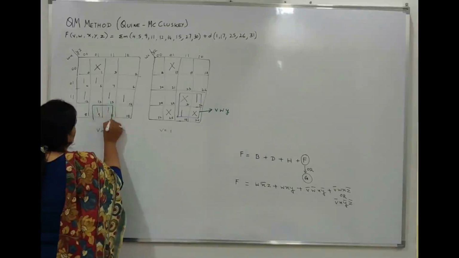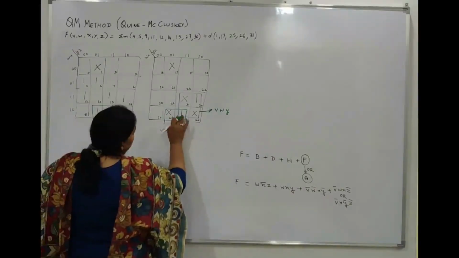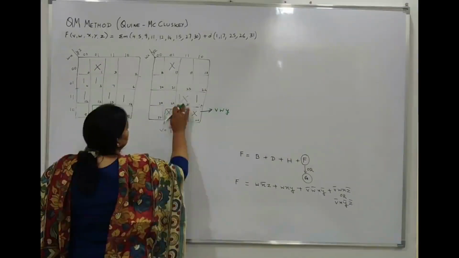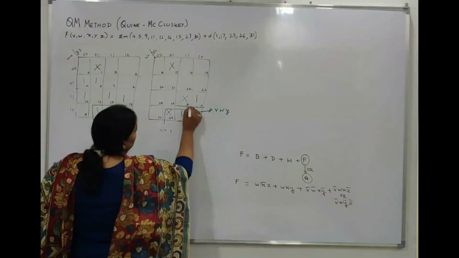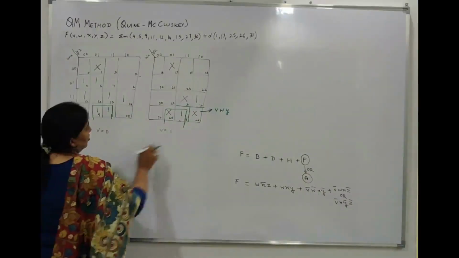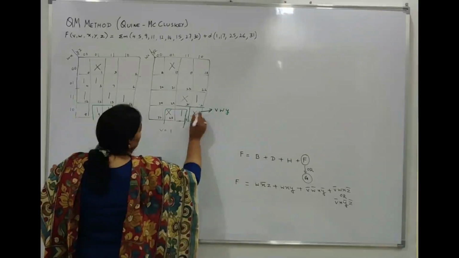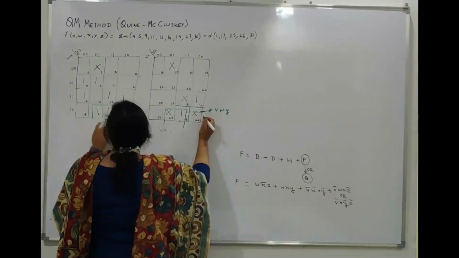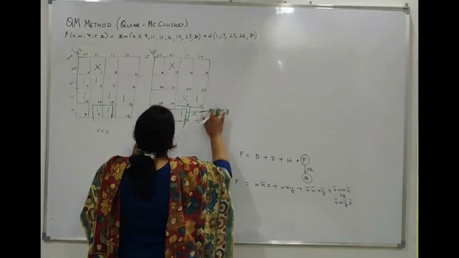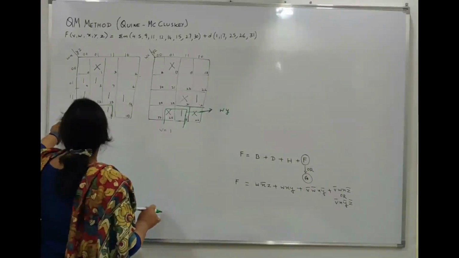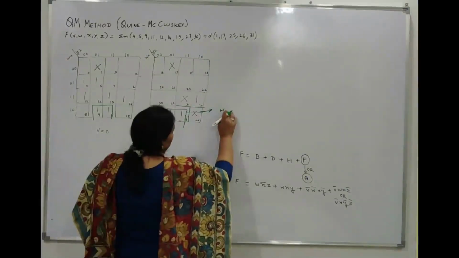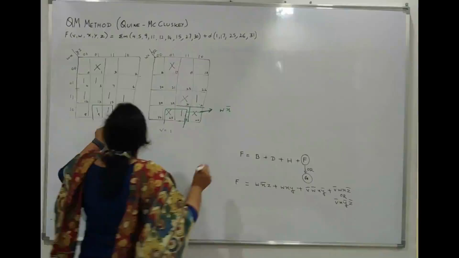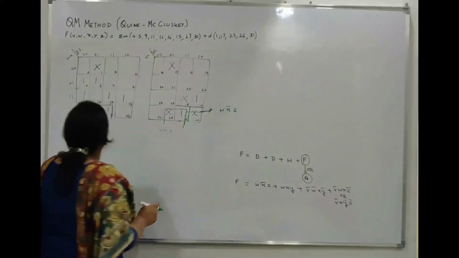I can map this to this. No need of this. Here V is changing. W x bar, and Y is changing, Z. This is one.